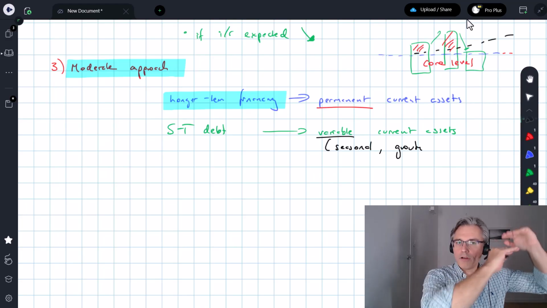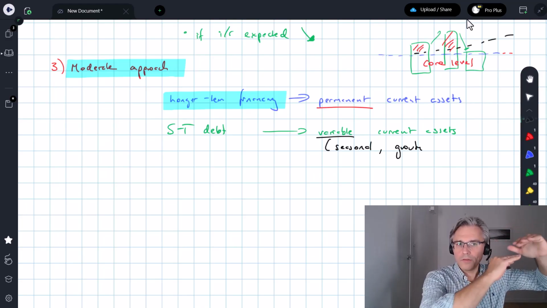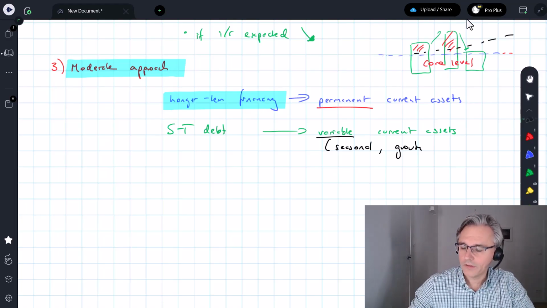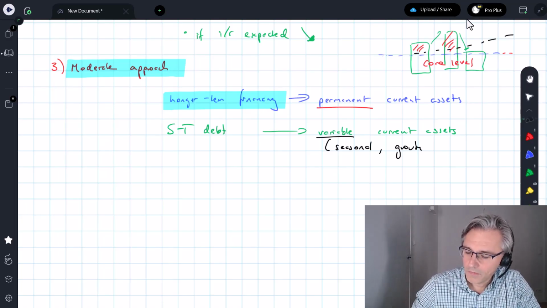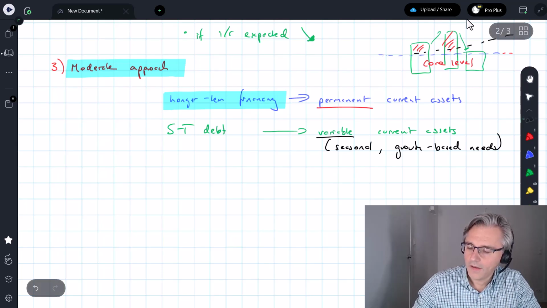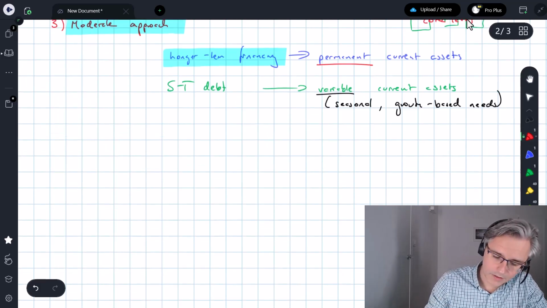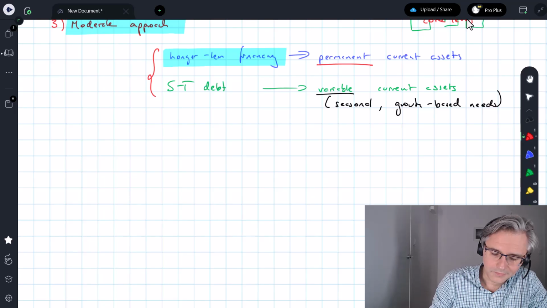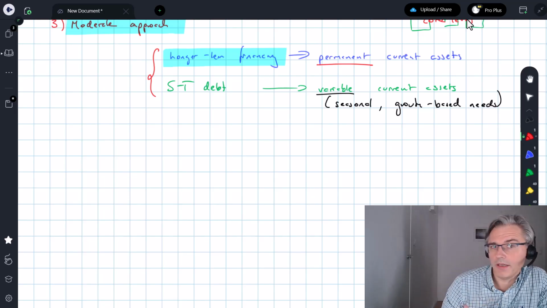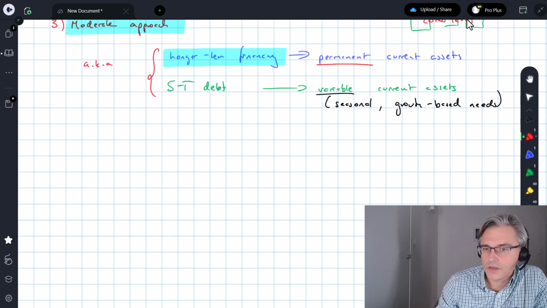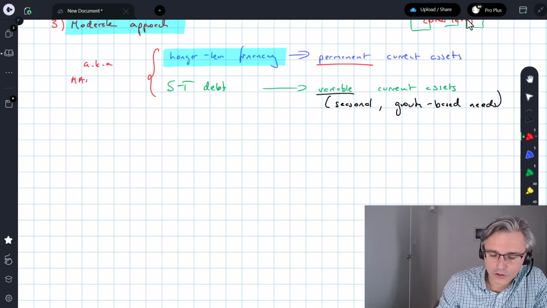The element of growth is being funded using short-term debt, which is subsequently being replaced by longer term funding. So growth-based needs as well. Okay, so hopefully we have clarity here regarding when this approach is used. This application of the moderate approach is also known as the matched approach.